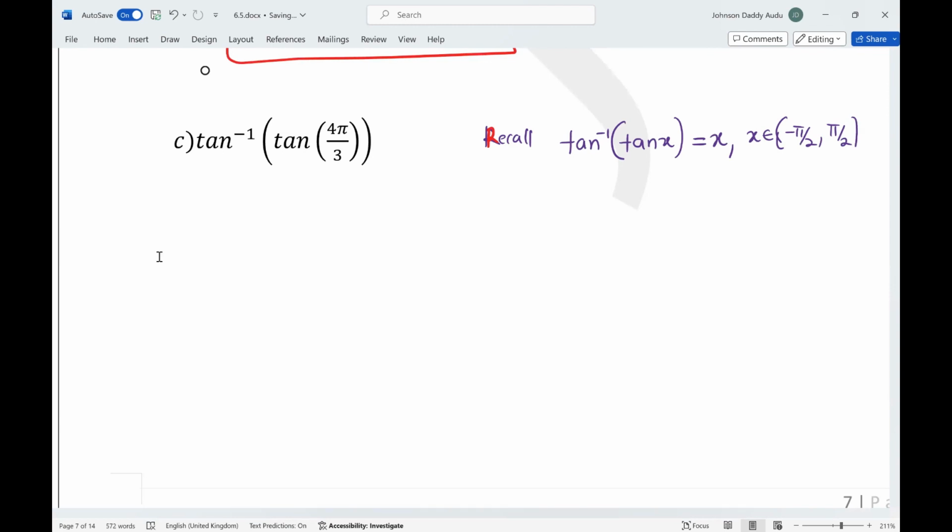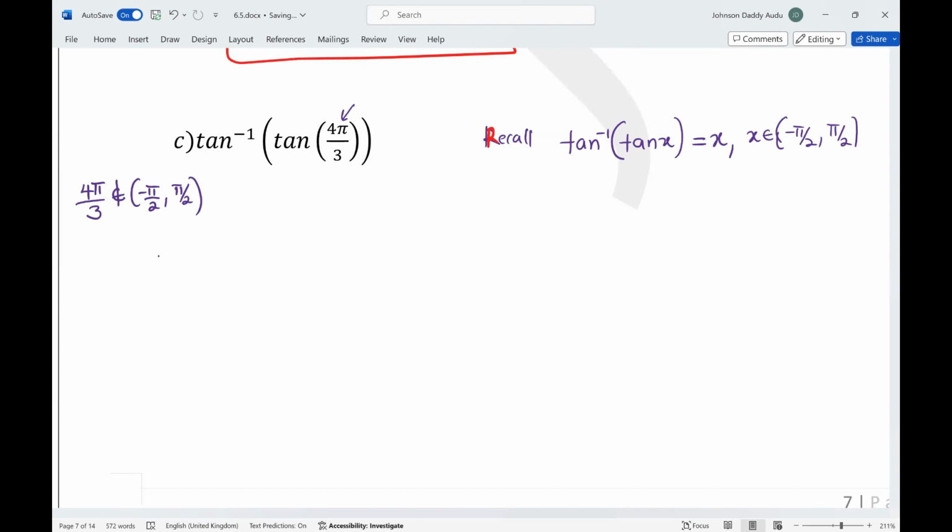So the first thing we need to check is the angle that we have. If the angle is bigger than 360, we need to take the coterminal first, right? Okay. But in this case, you can see that 4 pi over 3 does not belong to this interval. Definitely, this is not inside. So it means that we have to use reference again.